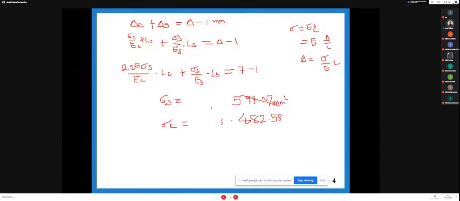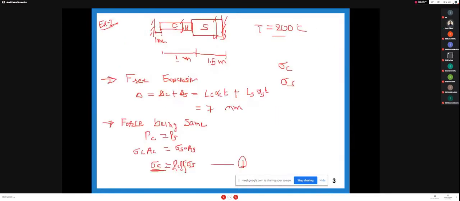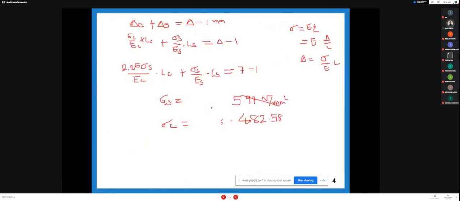This is the free expansion, and here a 1 mm gap is given, so minus 1 mm. Why are we subtracting 1 mm? Because there is a 1 mm gap given here. Now this delta equation we write down in terms of stress. So just notice, I am writing this equation in terms of stress.